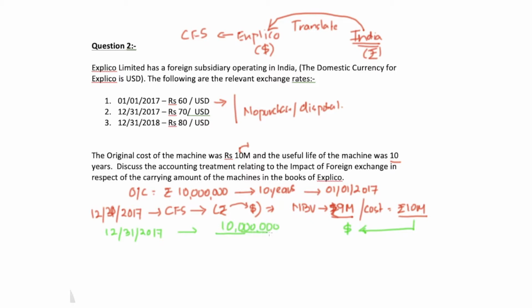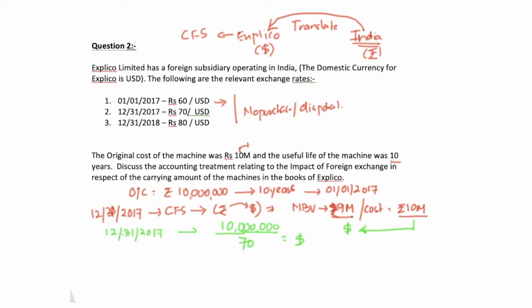10 million divided by the exchange rate as of that day, that is rupees 70 per dollar. So we need to divide the 10 million by 70 in order to arrive at the cost of the asset.